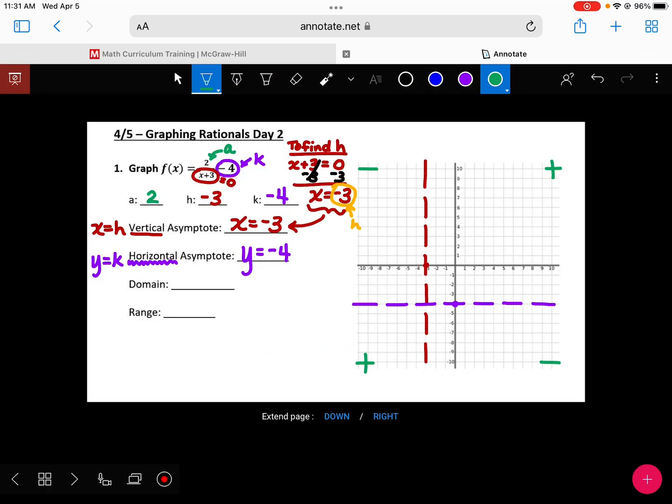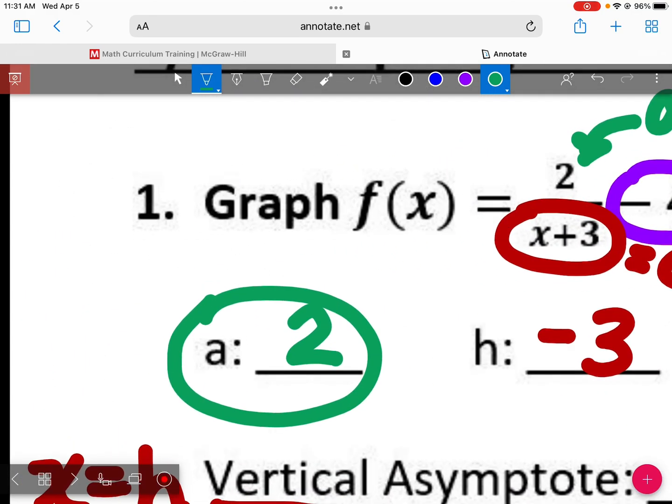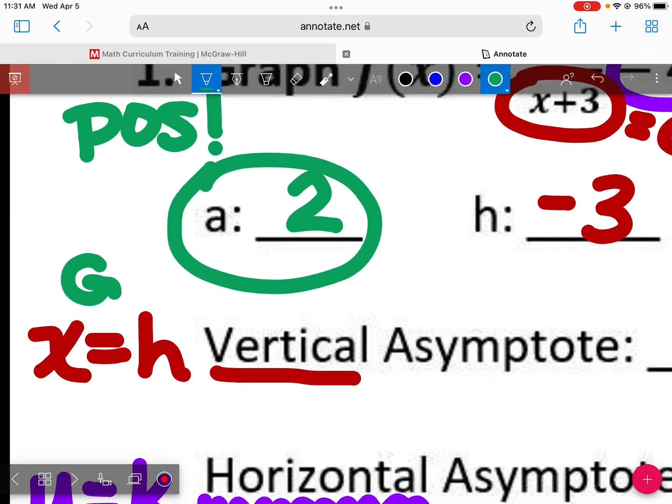All right, so I've got my positives and negatives labeled up. We're only going to graph in two of those quadrants. It's either going to be the two positive quadrants or the two negative quadrants. Which piece do I look at, A, H, or K, to know which quadrant I'm going to be in? A. This is positive. So we graph in the positive quadrants.